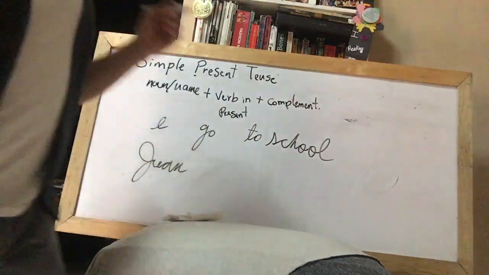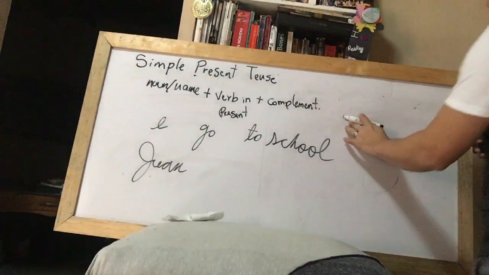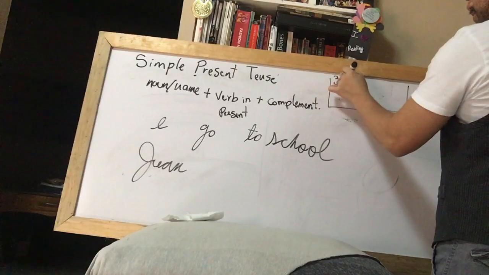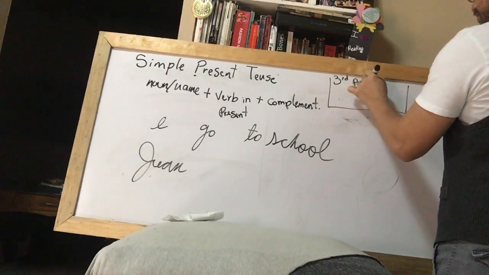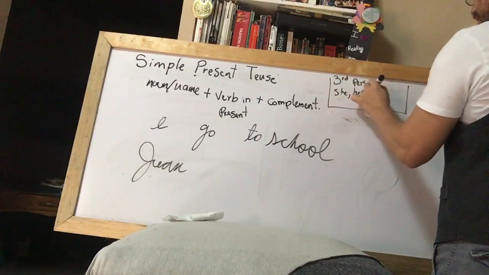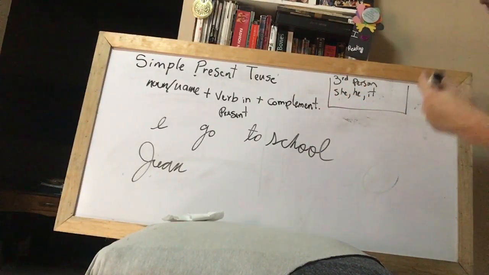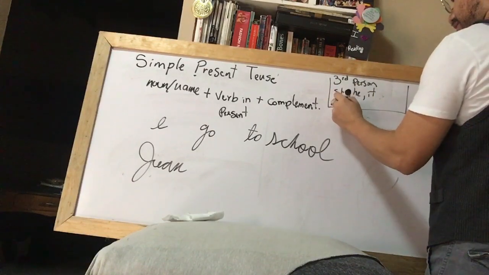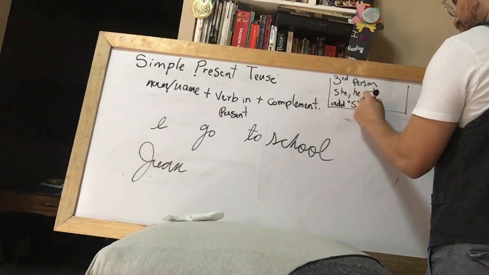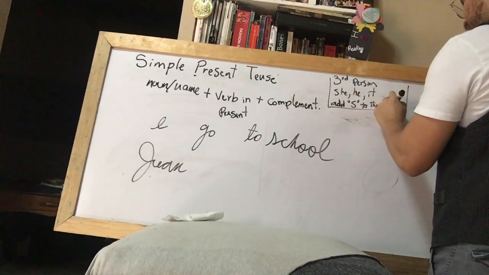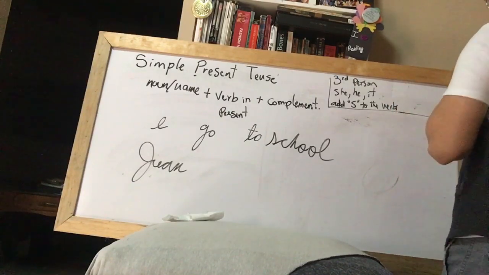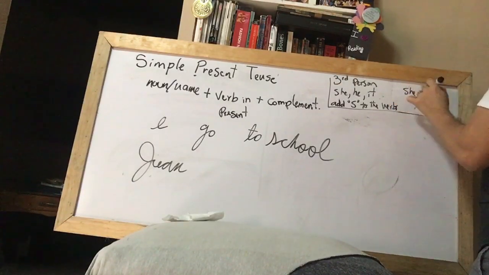Juan. Now, remember something very, very, very important in this case. When you are writing about the third person, she, he, and it, you have to add s to the verbs. So we have she cleans.